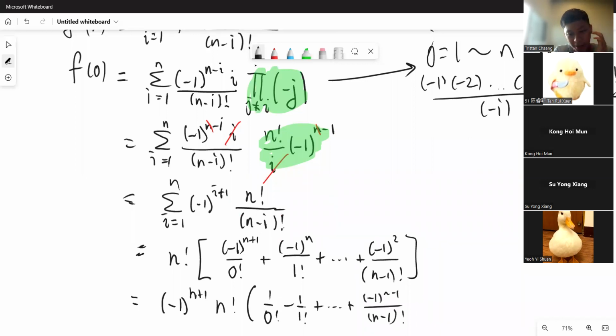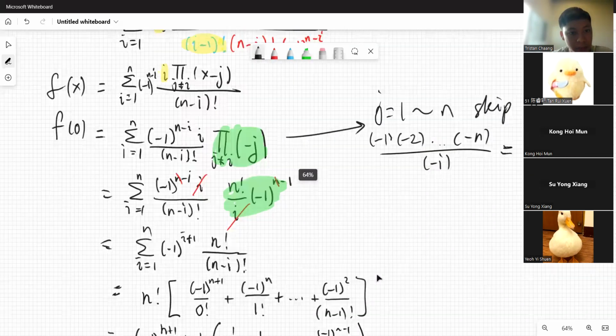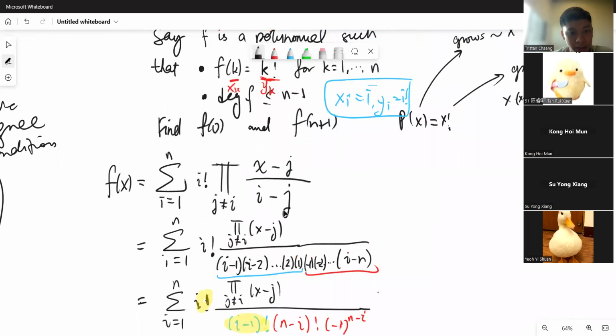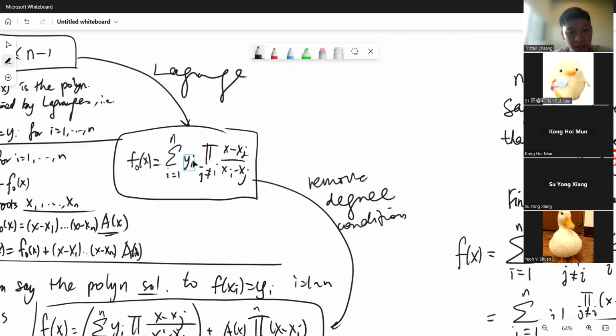Well, you can just read what I'm writing. Sometimes I'm not reading what I'm writing. Why is it important? Where did you get the j from? The j is from the Lagrange interpolation formula. Like here, right? I just plug in y_i equals i factorial, x_i equals i.